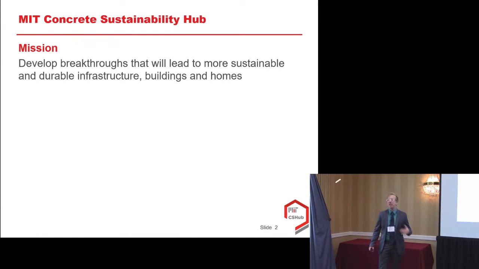I just wanted to step back and talk a little bit about the mission of the Concrete Sustainability Hub. We're really working to develop breakthroughs that will lead to more sustainable and durable infrastructure related to, again, pavements and buildings. So we've got a design team that includes civil engineers working at the nanoscale, and then we're also working at the high level, looking at systems level applications.